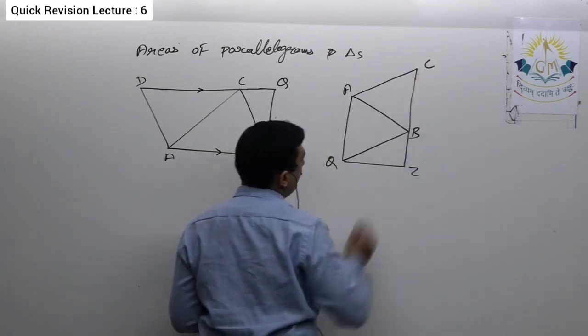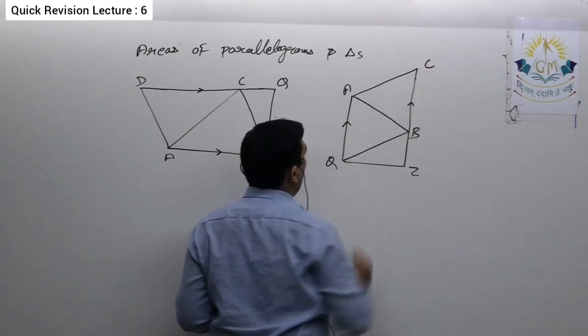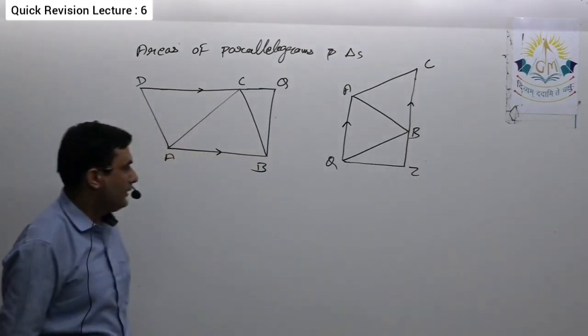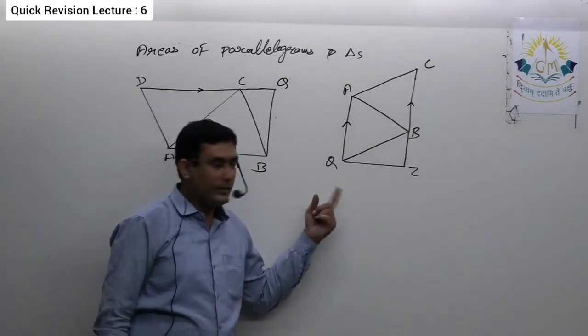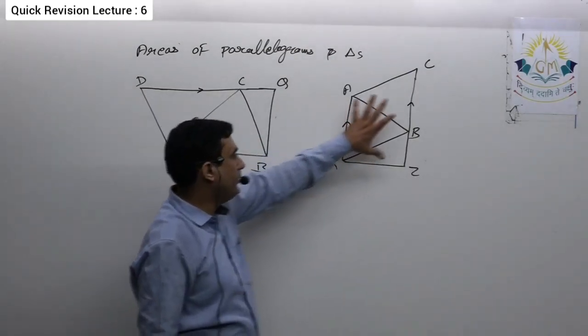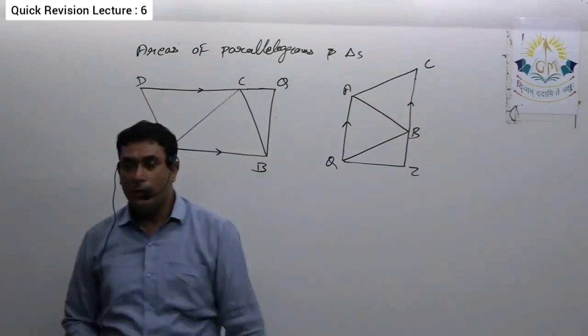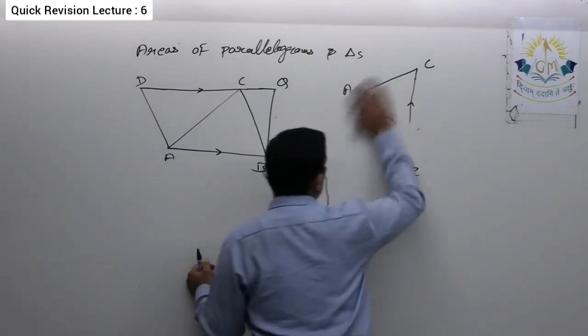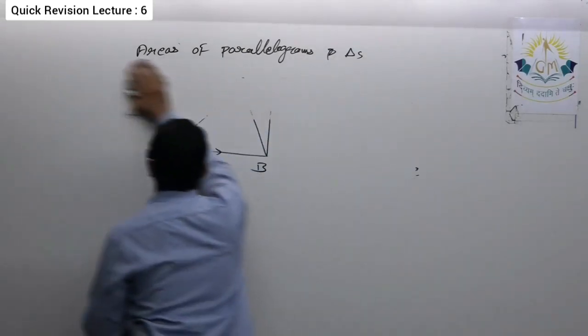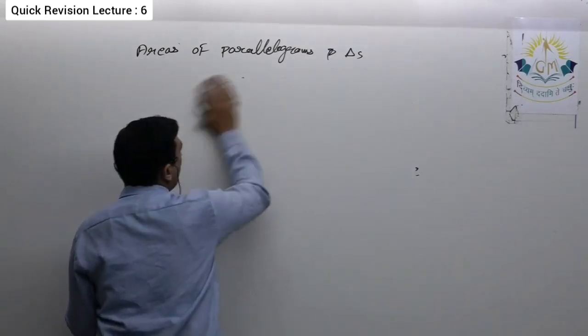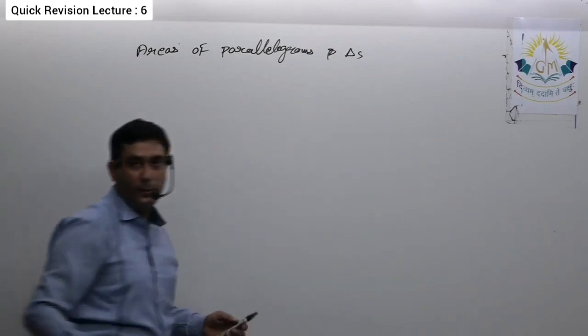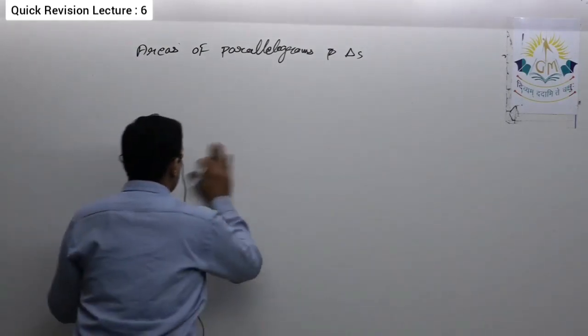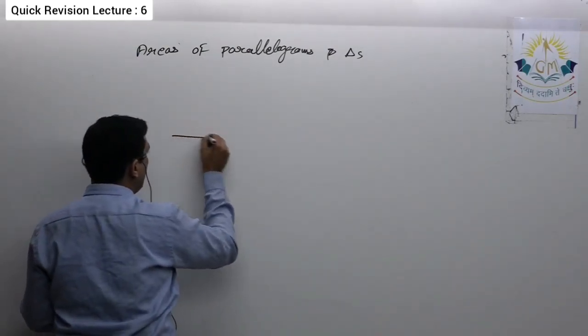So here AQB and AQZC are two plane figures which lie on the same base AQ and between the same parallels. Now if two parallelograms are on the same base and between the same parallels, then there is a relation between their area.